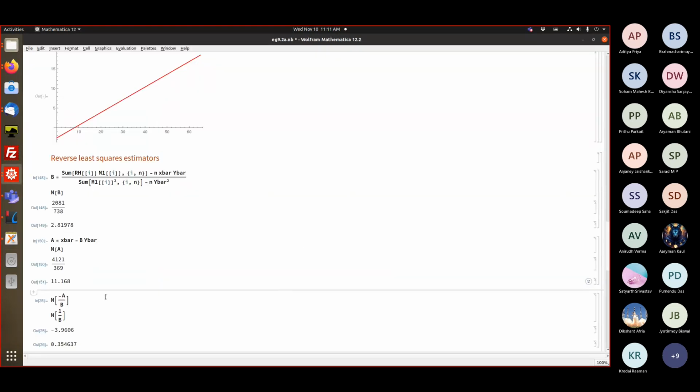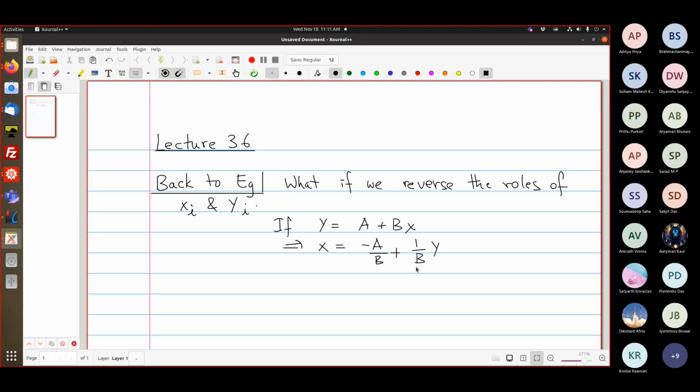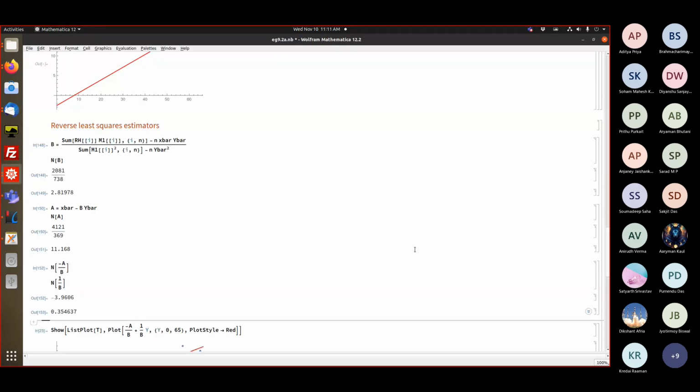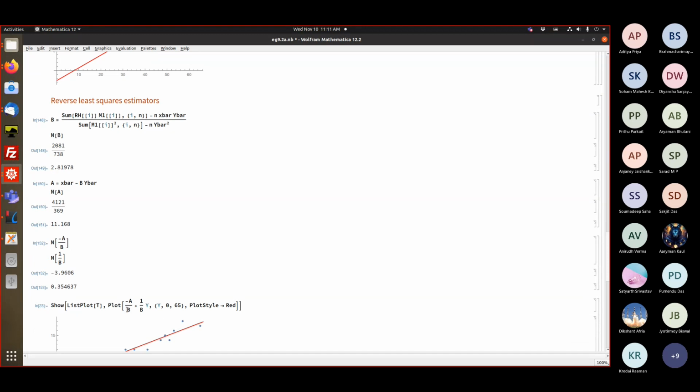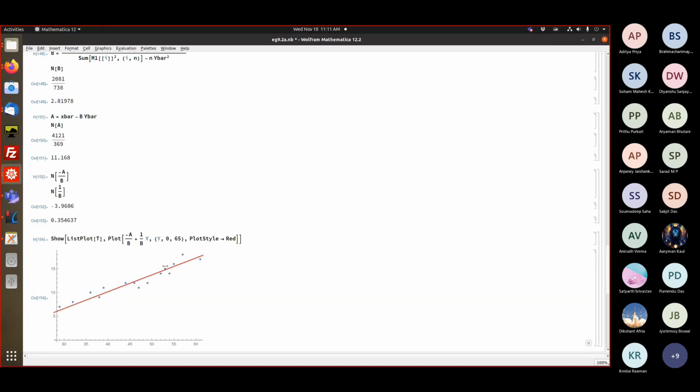So I look at minus a by b and 1 by b. These are the intercept and the slope respectively. And now I plot this function, calling this y instead of x, just to remind you that I'm doing it in the reverse order. And now you look at this plot and you see it's also a good fit.